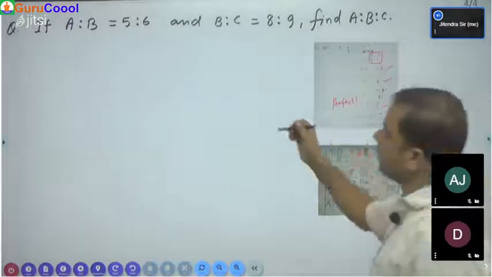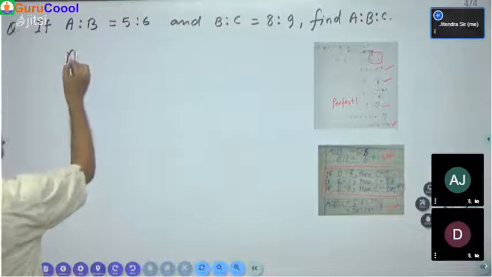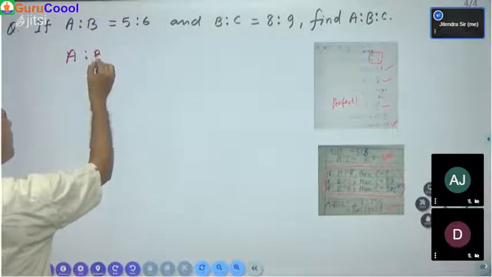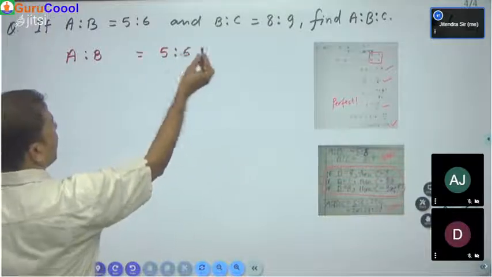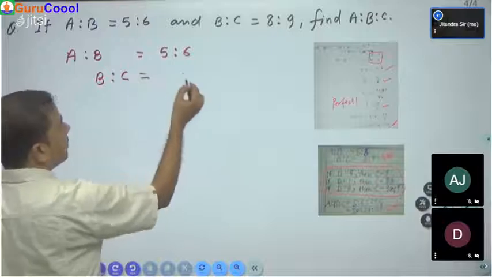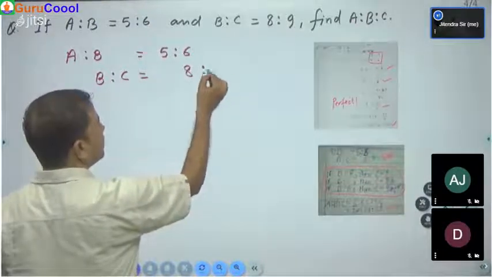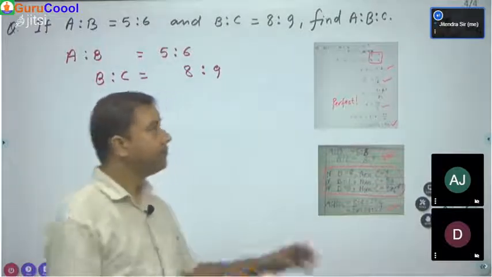Okay. So A is to B is given 5 is to 6 and B is to C is 8 is to 9, right? Yes, sir.